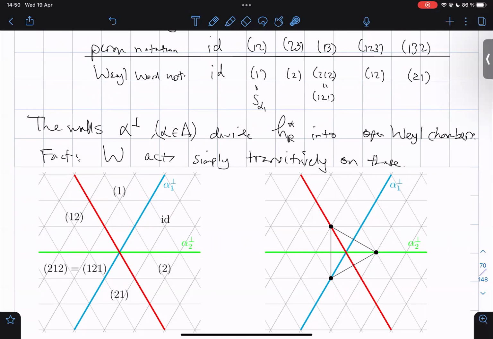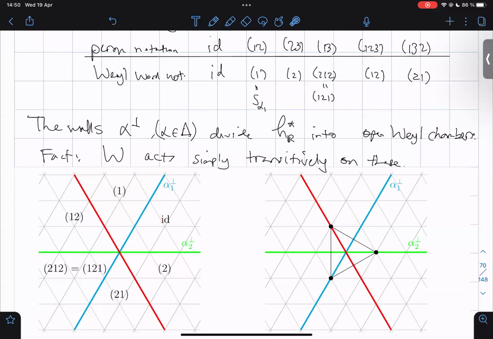So that means there's a bijection, a correspondence, between the elements of the Weyl group and chambers. I pick one of them, the fundamental one, then I pick another one, and I label this chamber by the unique element of the Weyl group that sends me there.